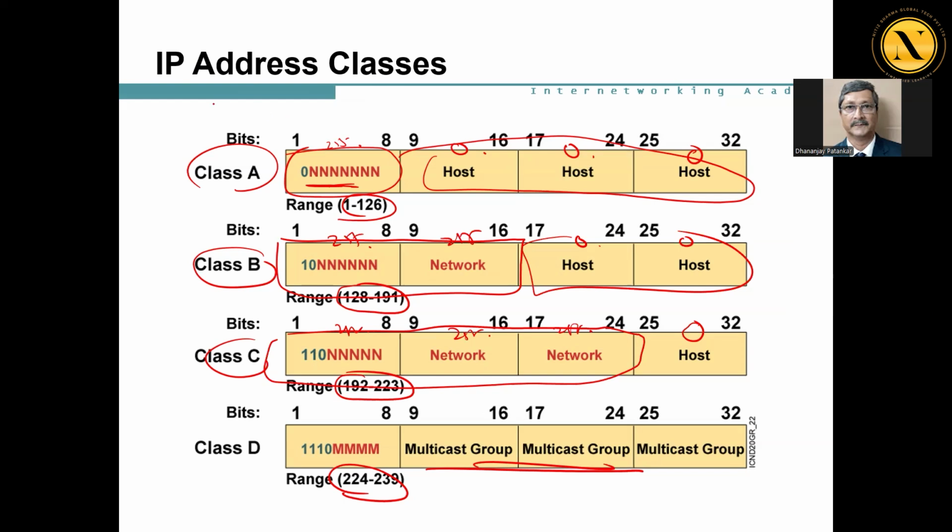So if you take any class A IP address, 1 to 126, and convert it into binary, the first bit will always become a 0, whether it is 126 or whatever, correct? Likewise for class B, the first two bits will always be 1, 0.